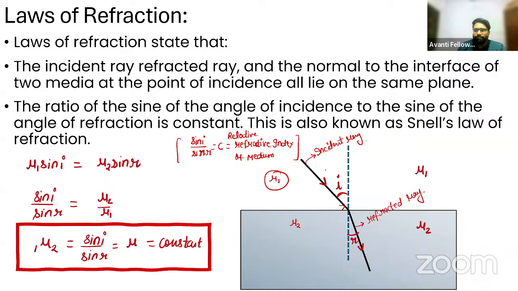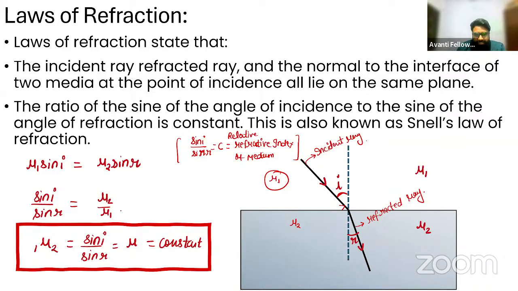Here the incident ray is in air, with refractive index mu1, so it is written as mu1 sin i, which equals mu2 sin r. Ultimately, we find sin i by sin r is mu2 by mu1, and mu2 by mu1 is constant because mu1 is already fixed.